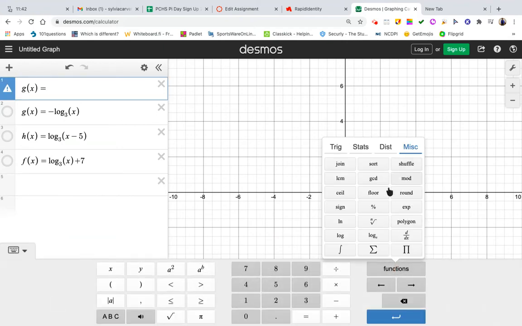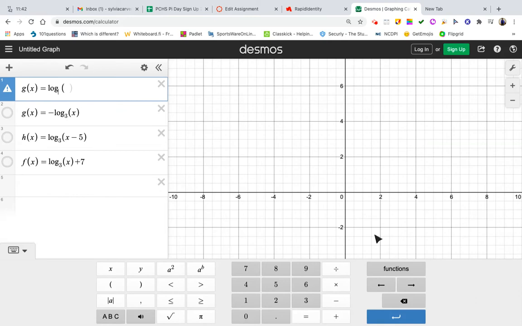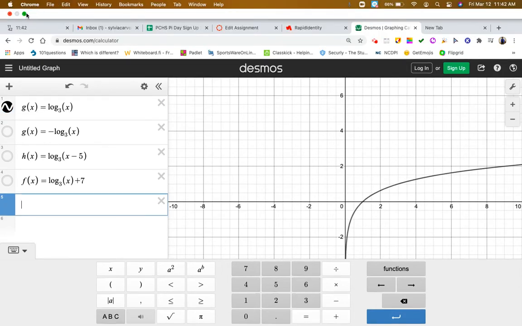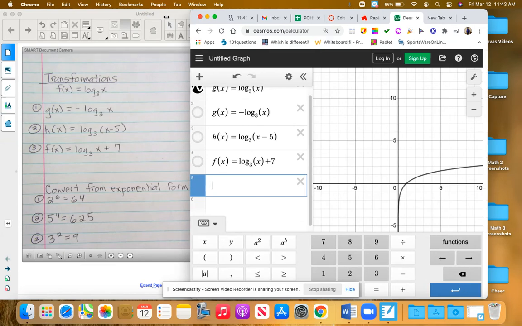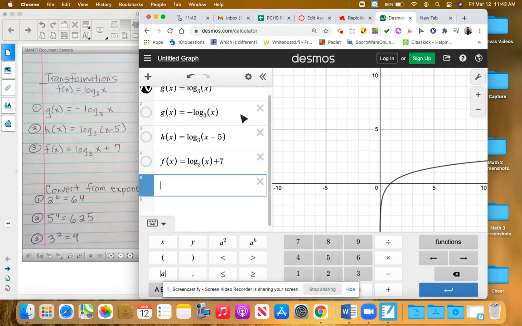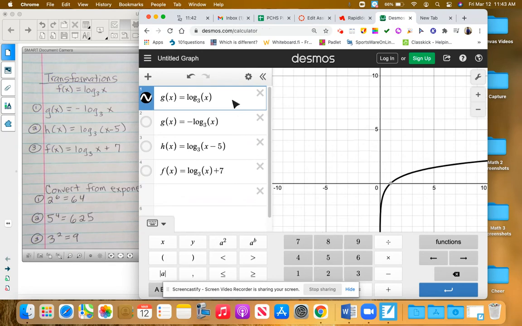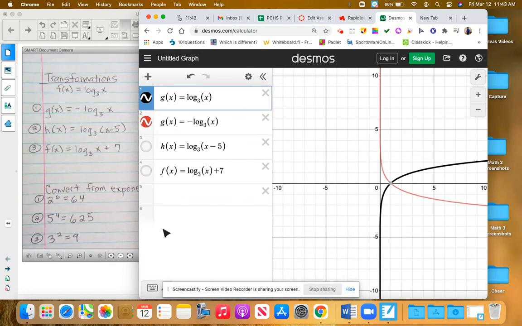Go to functions, miscellaneous, and there is your subscript there, 3 to the x power. Right. So this can be my parent function that I'm starting with. And we're going to go from the parent function to each of the functions that I have over here on my paper. So we're going to describe the transformation from here to here.